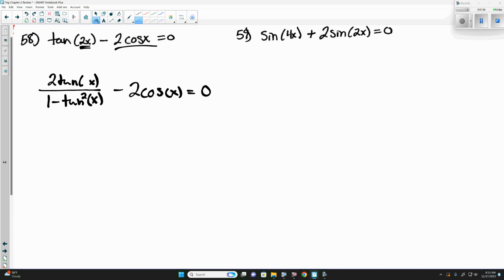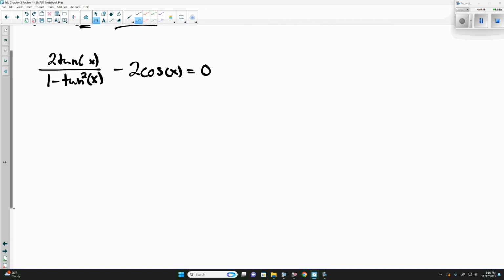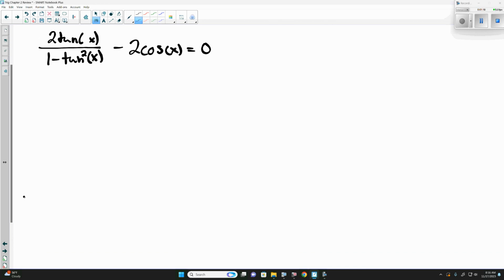2 tangent of x over 1 minus tangent squared of x, minus 2 cosine of x, is what we have after putting in the double angle formula. Now it helped us some because we don't have tangent of 2x, we just have tangent of x, but we have it in 2 places, which doesn't help us much.